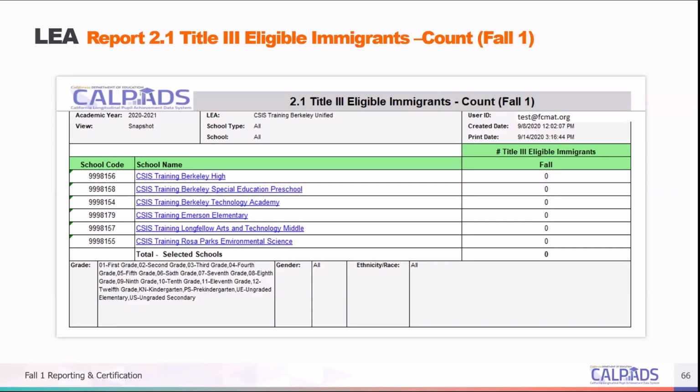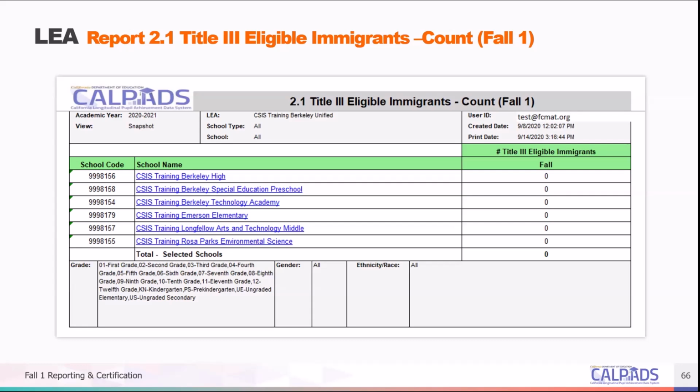So this is a report where you're going to look at the counts, and you're going to confirm the counts by looking up the students' names and verifying that they are enrolled less than 3 cumulative years. CalPADS does not look at their enrollment start date and calculate this. It's just an indication you're saying these students are eligible immigrants. So that's something to look at.